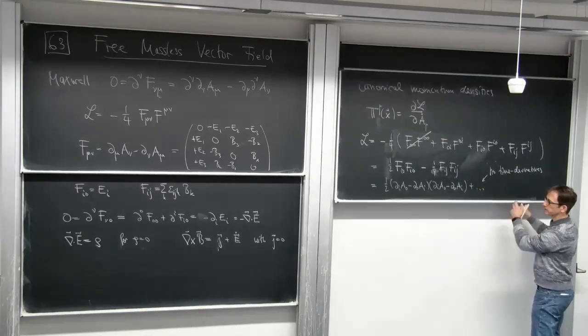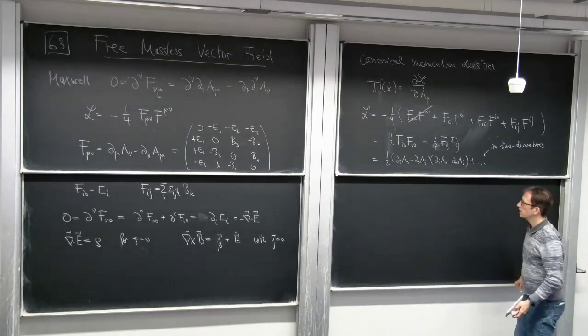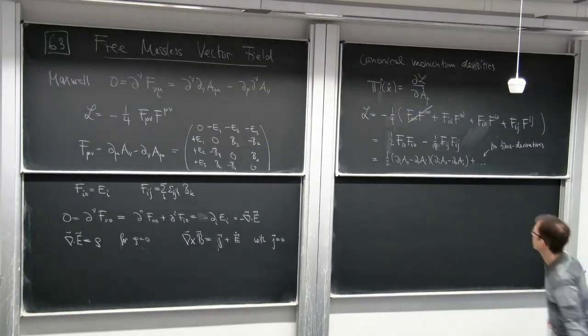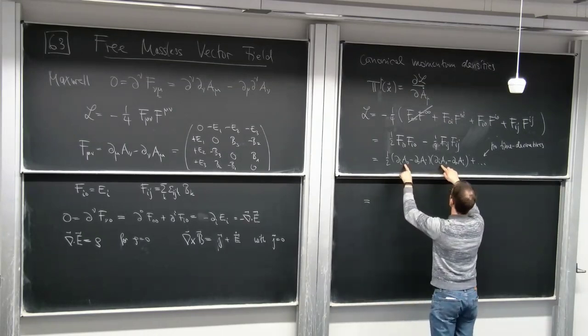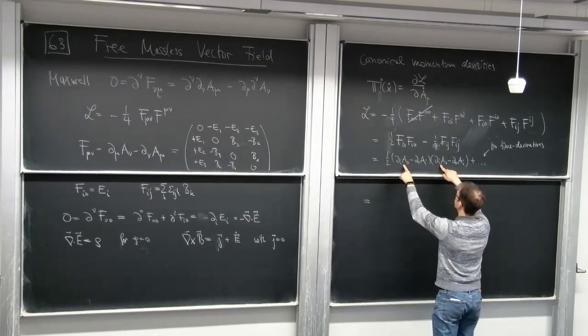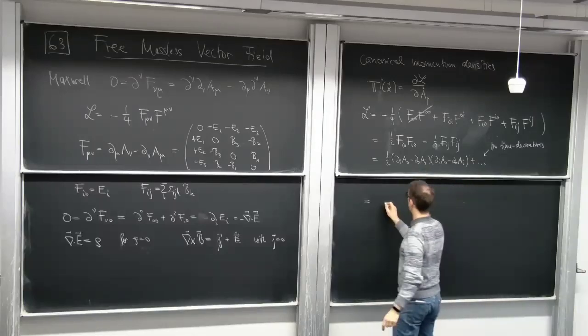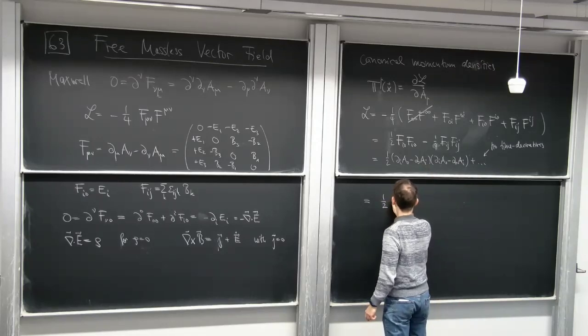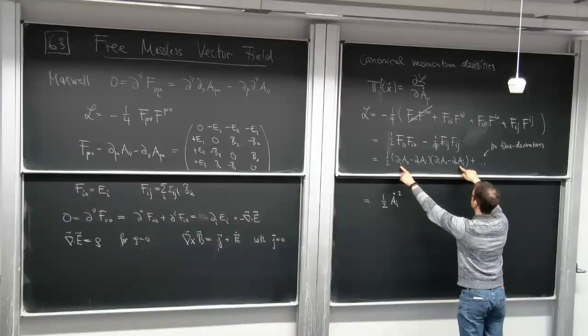So I'll get this. This is not the time derivative. This is one. These two together, it's 1/2 Ai dot squared. And then we have mixed this with this.